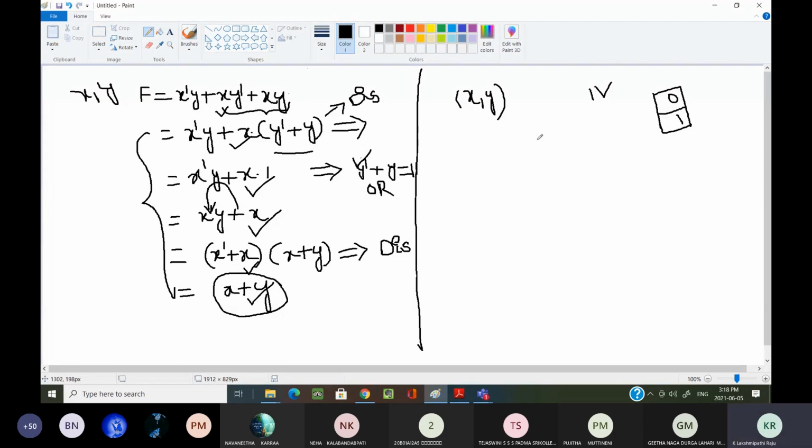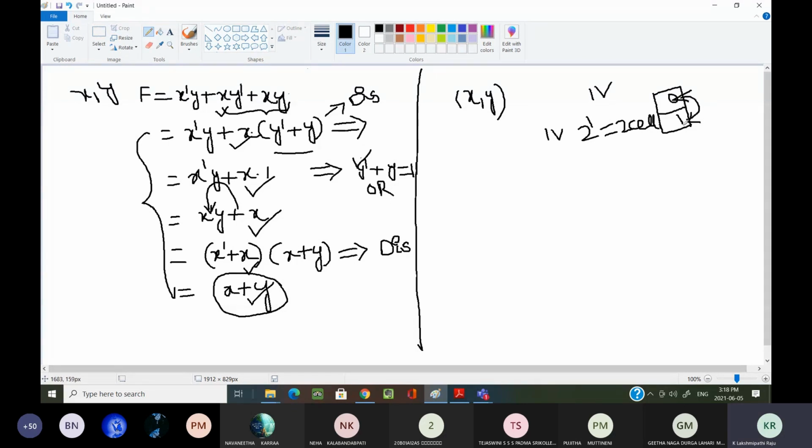If it is a one variable, how many cells does that map contain? 2 cells, 2 power 1 equal to 2 cells. If the number of variables is 1, the map contains 2 cells. In this map, two adjacent cells differ by 1 value.